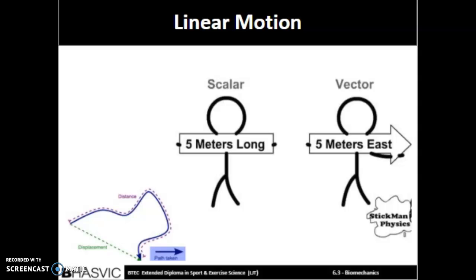Going back to the image in the far left hand corner, we can see that from start to finish the displacement shows directly how far it has gone, ignoring the whole route. Just from start to finish, the distance between them would be the green line.